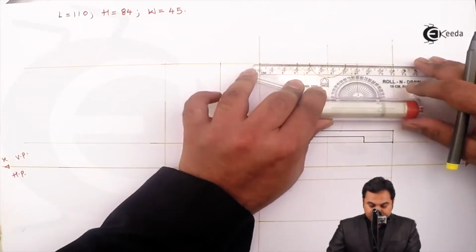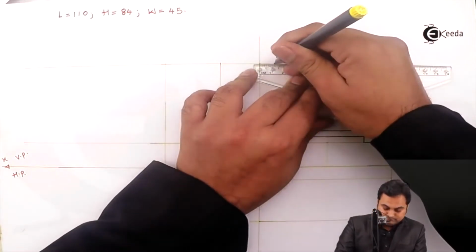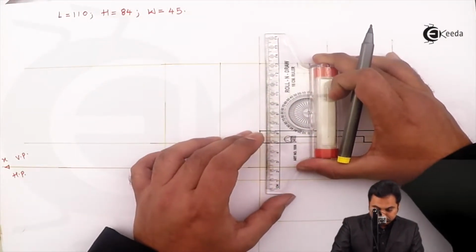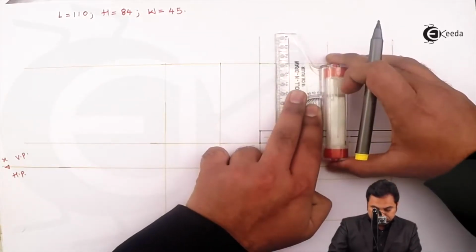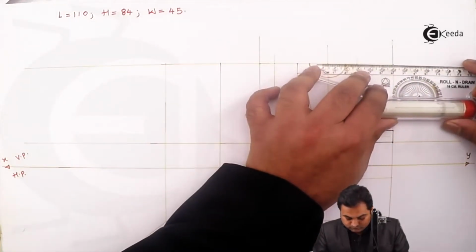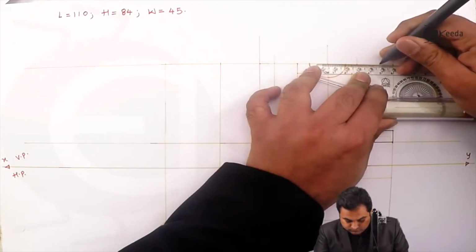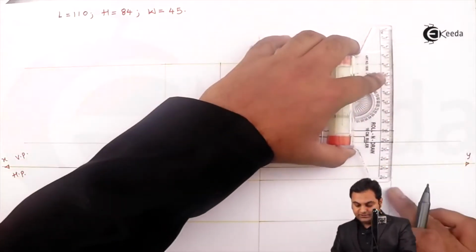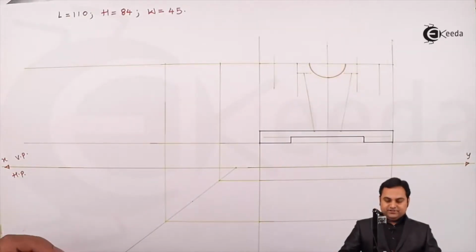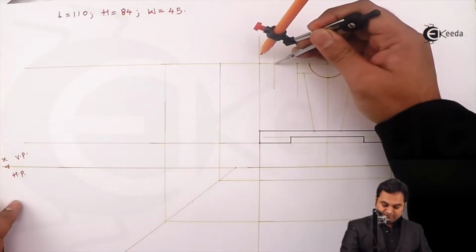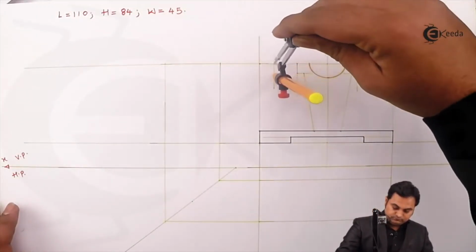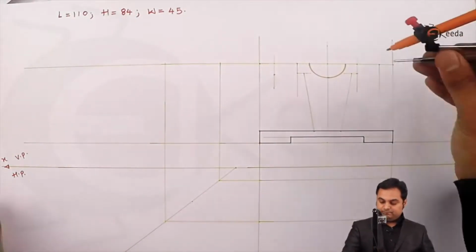Now measuring 12 mm from one side, 12 mm from the other side, taking the same radius, which is the distance is 12 mm, marking on this vertical line.